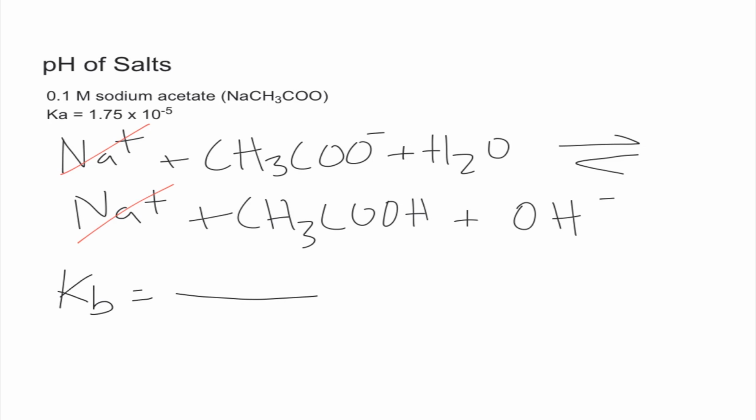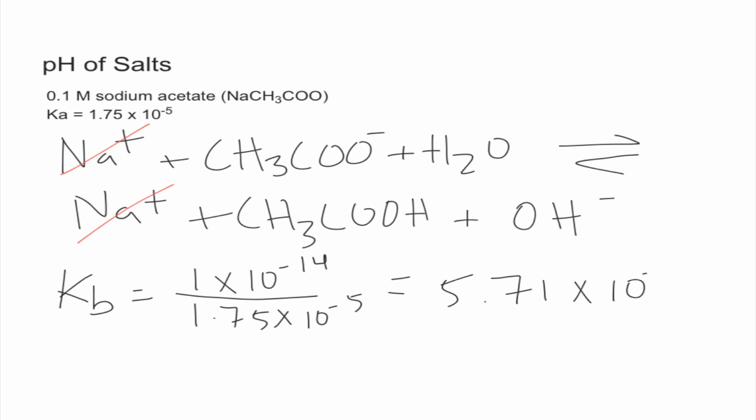Just to save some space, I'll write it as 1 times 10 to the negative 14 because that's the value of the Kw, and for the Ka we have 1.75 times 10 to the negative 5. So that would be equal to 5.71 times 10 to the negative 10.